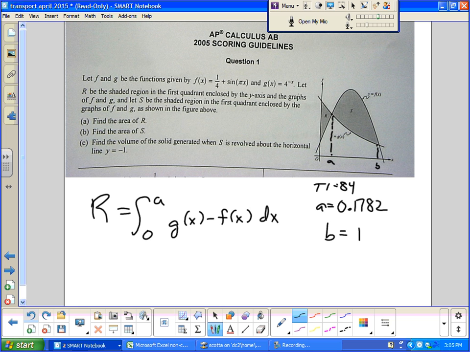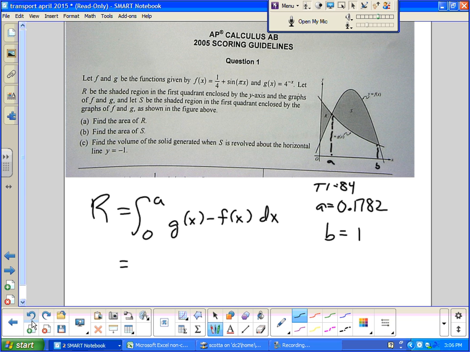So I'm going to store A, and then I'm not even going to write that number into my integral. I'm going to just do the integral, type it in my calculator, making sure that I put f of x in parentheses, so the negative sign distributes to the quarter and to sine pi x. If you miss that, you'll get the wrong answer.